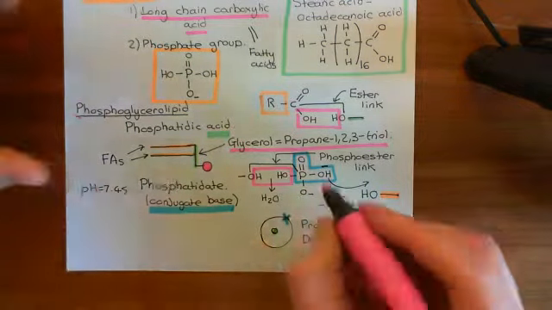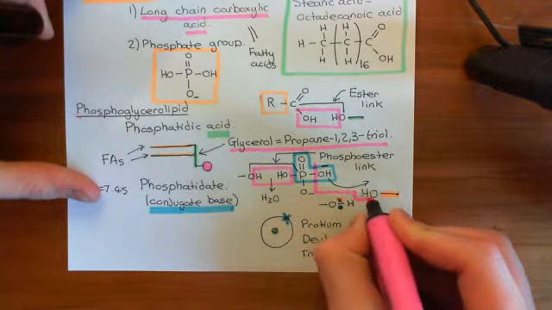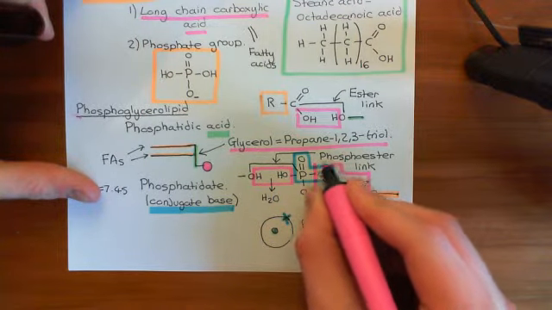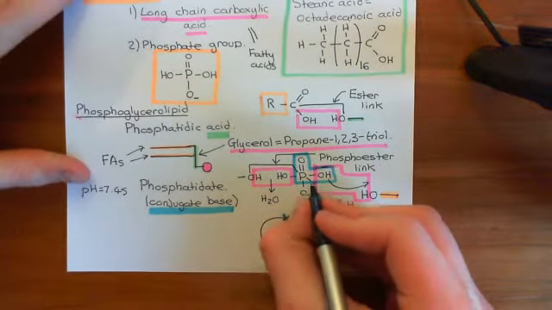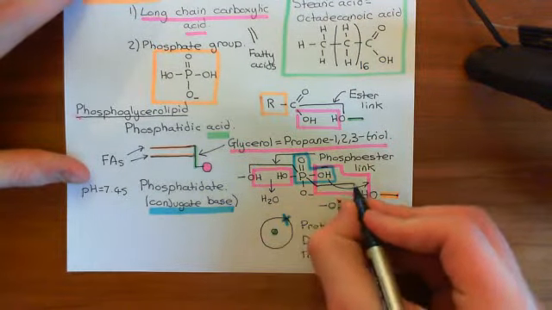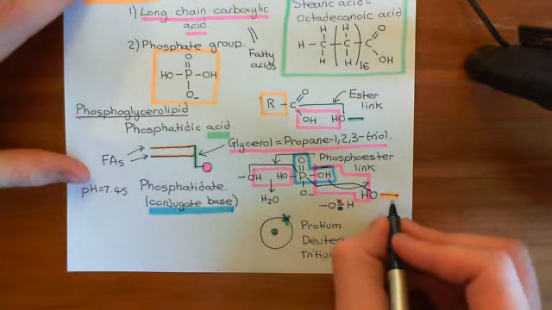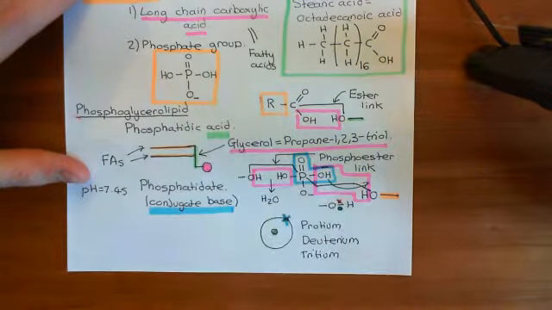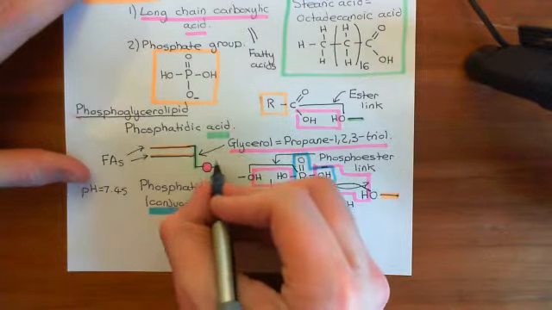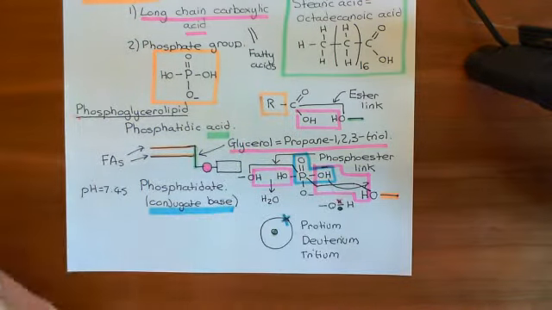All we'd have to do is take the alcohol group off the phosphate group, take the hydrogen off the alcohol group here, combine those together to make water, and then bind the phosphorus atom of the phosphate group to the oxygen atom of this alcohol group containing molecule, via a phosphoester link, of course.